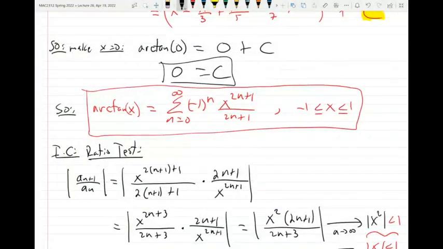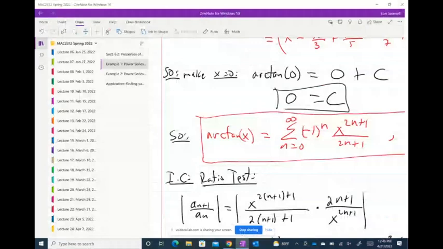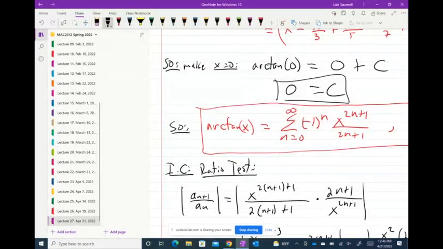So last time we figured out the power series for arctangent, right? And remember the trick: we took the derivative, you get 1 over 1 plus x squared, took the power series of that, and then integrated to get back to arctangent. This is the power series as long as x is between -1 and 1. So -1 to the n times x to the 2n plus 1 over 2n plus 1.